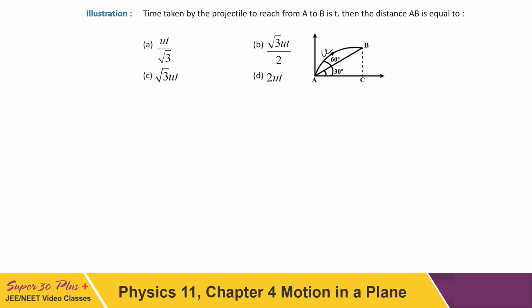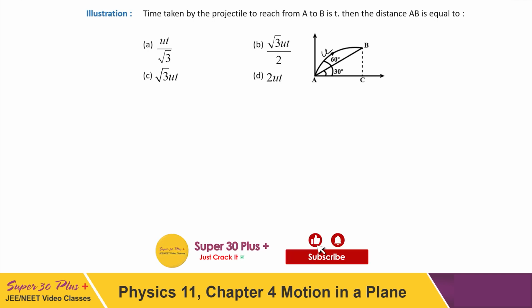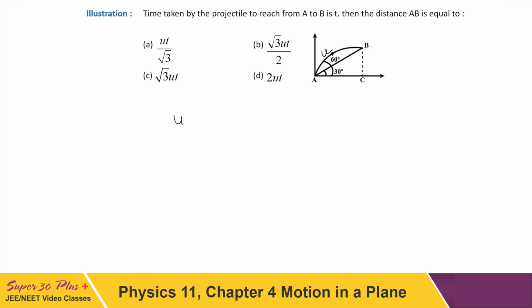Here it is more convenient to write the equation along horizontal. So first I am writing horizontal component of initial velocity. Let's say this be u. So UH will be equal to, now what angle u is making with horizontal direction? That is 60 degree. So it will be u cos 60 degree, which is u by 2.